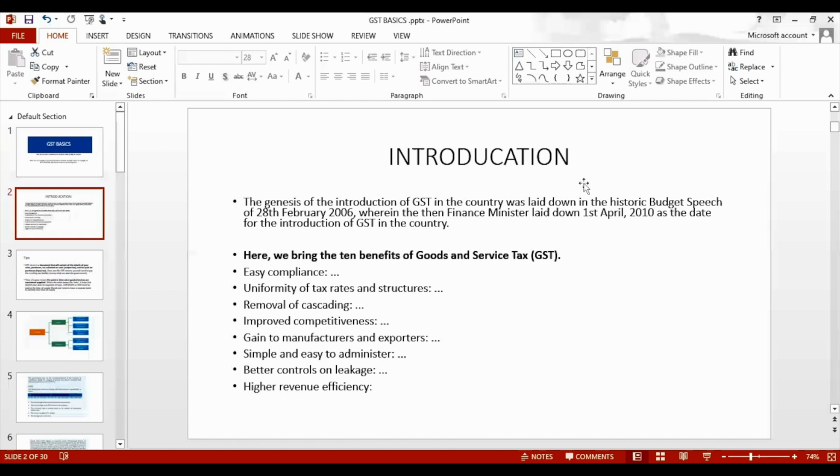And what are the advantages and benefits? We can easily calculate GST once it is understood, so it is easy to implement, and there is no cascading. Cascading means that before GST was introduced we were using VAT, which means value added tax. When goods were purchased and when goods were sold, we calculated VAT. It means dual taxation.